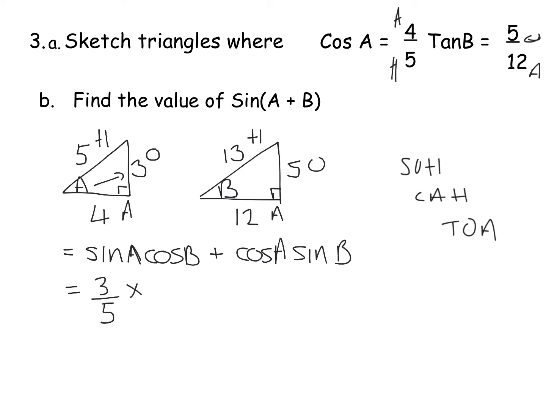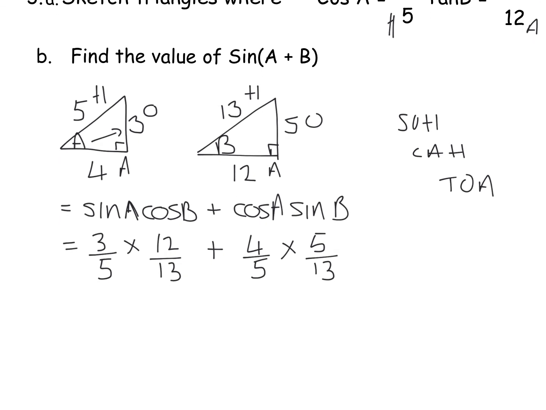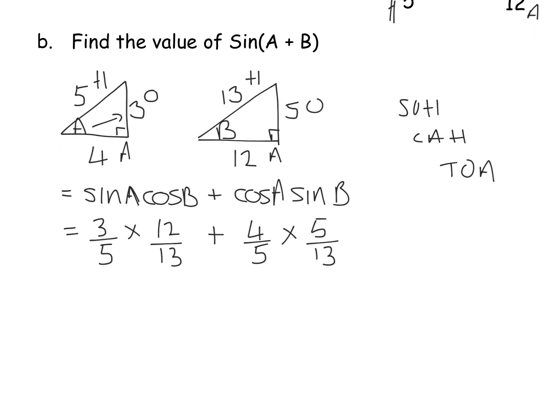Cos B in the B triangle would be A over H, so 12/13. Cos of A would be A over H from your first triangle, so 4/5. And sin of B would be O over H in your second triangle, so 5/13. And again, look at these denominators, they're matching, we've both got 5s and 13s. So then we can just put these together.